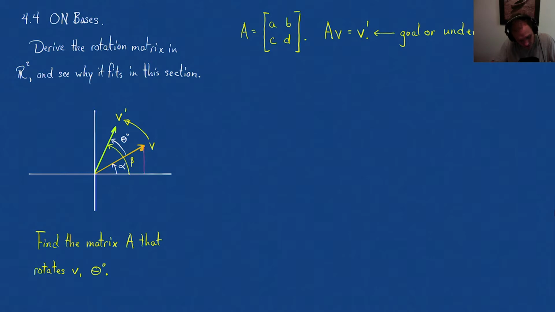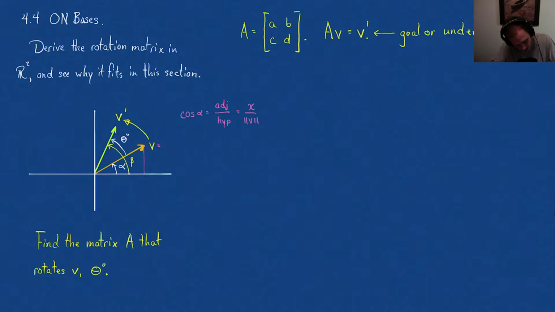So remember that the cosine of alpha would equal the adjacent side divided by the hypotenuse. Well, let's see, what do we have? The adjacent side is x, and then the hypotenuse is the length of the vector v. So there we have it.